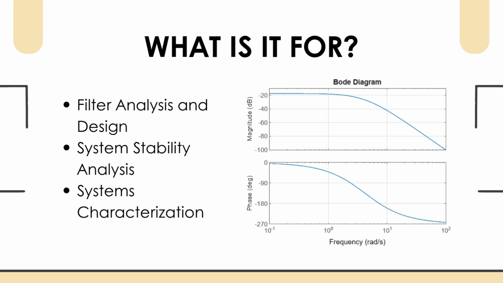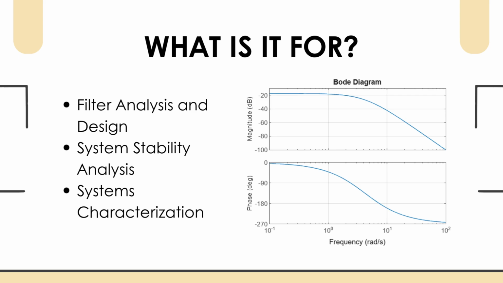What is it for, or how can we use the Bode plot? We can use it for filter analysis and design because it provides a clear visual representation of the filter's frequency response, showing us which frequency ranges are passed with low attenuation and which are attenuated.